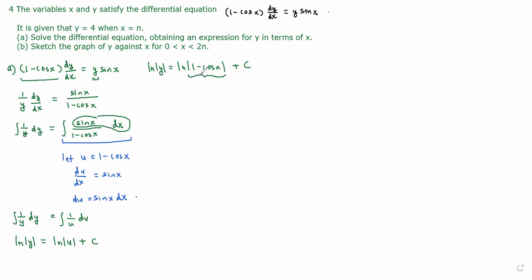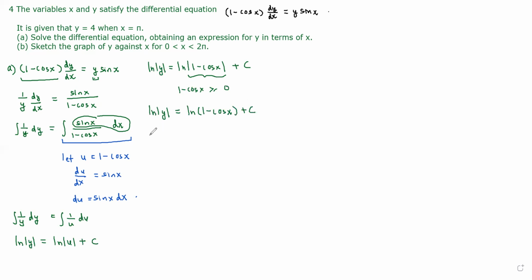Let's look at this. The modulus of 1 - cos x: 1 - cos x is greater than or equal to 0, so we can lose the modulus. Then we have ln|y| equals ln(1 - cos x) plus c.